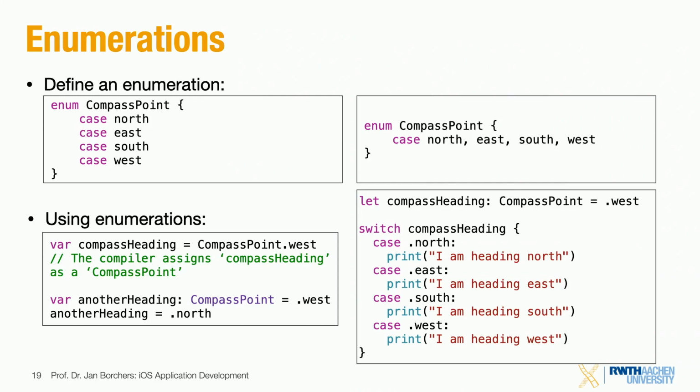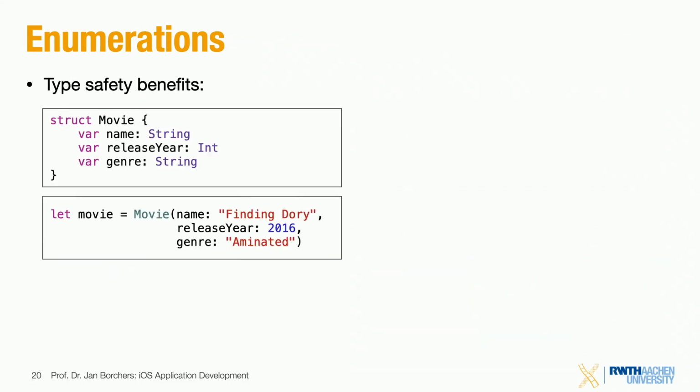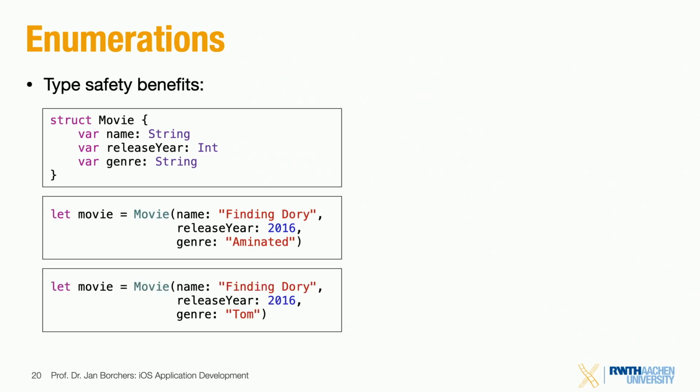So where does this also make sense, or even more sense, is again for the type safety. And the example here, if we have a movie and the movie should have a name, release year, and a genre, if we just use for genre the string, of course I can write in something that makes sense, that Finding Dory is an animated movie, but I can also enter a string that doesn't make sense.